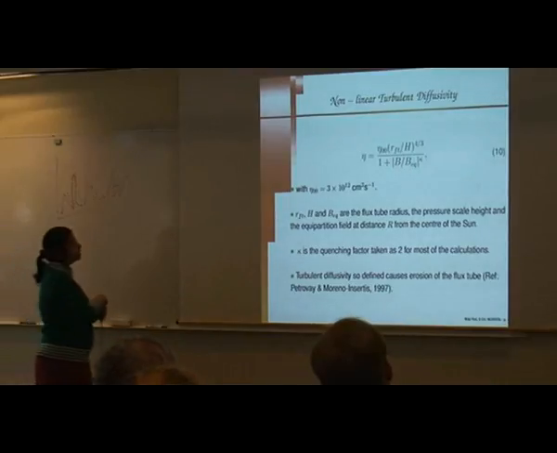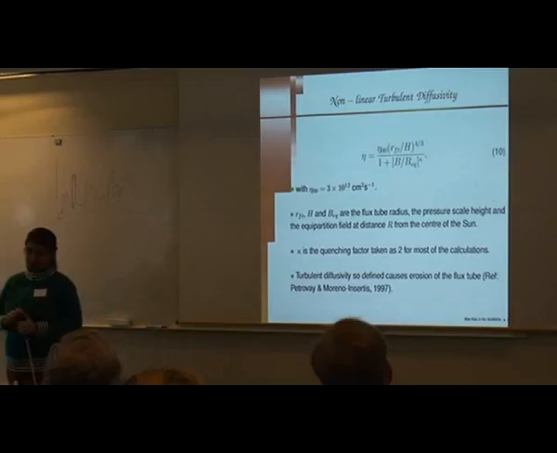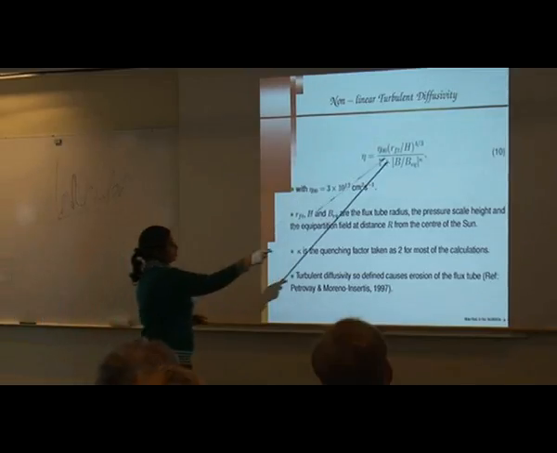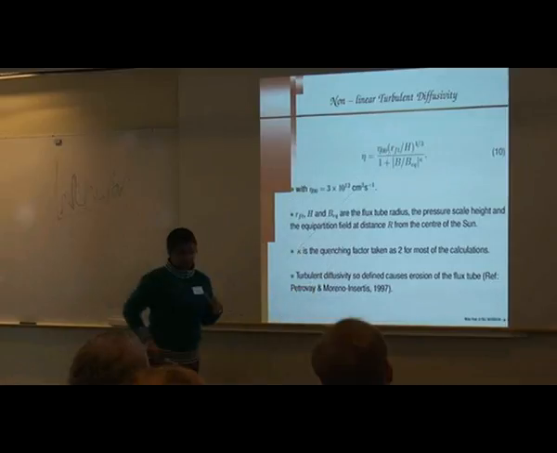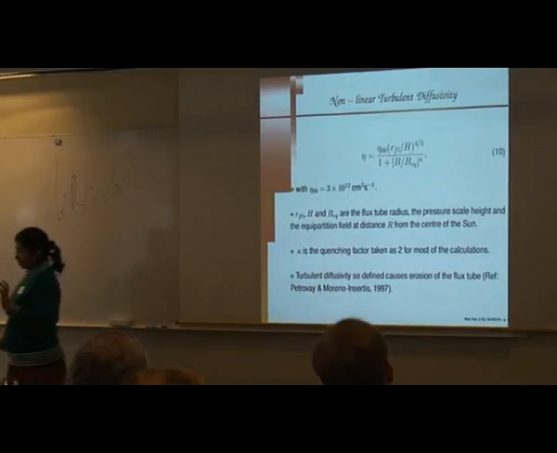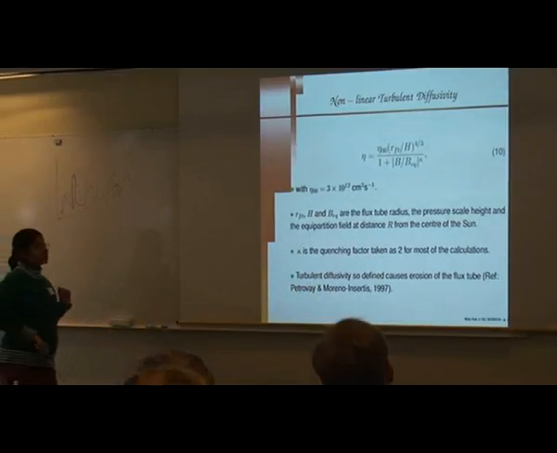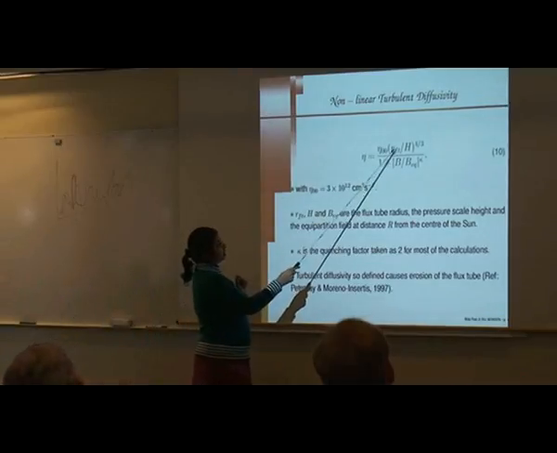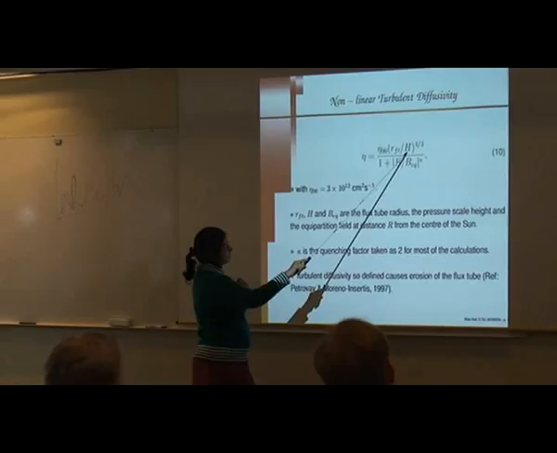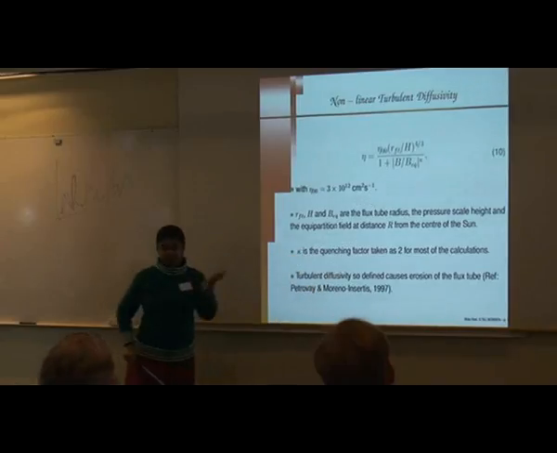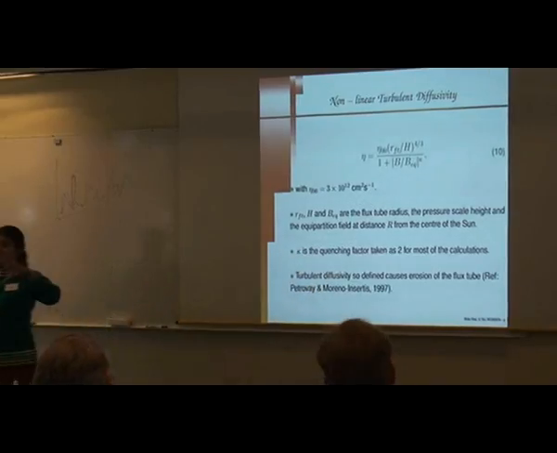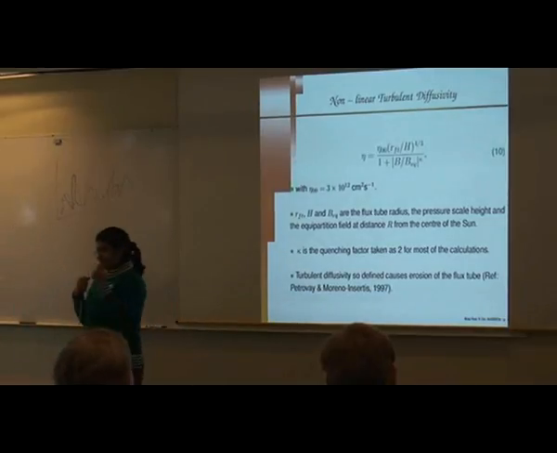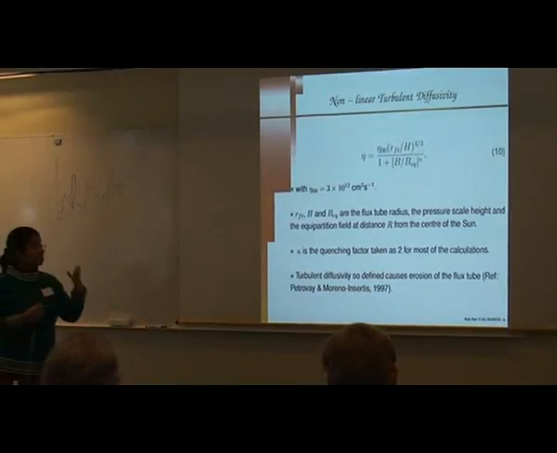We have introduced a nonlinear turbulent diffusivity in this model, which means that this part is actually a Kolmogorov-like dependence on the size of the turbulent eddies. And h is the pressure scale height. So whenever the tube radius is much smaller than the pressure scale height, the turbulence doesn't destroy the flux tube. It probably just moves it around.